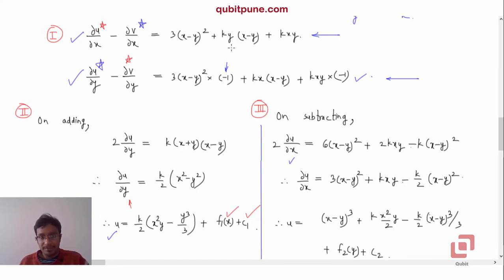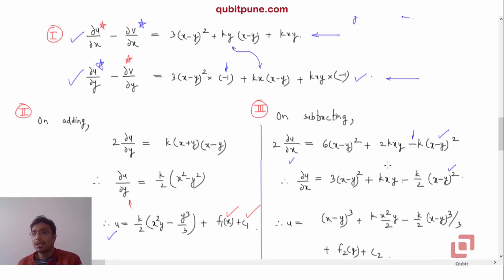Basically it is y minus x, and if I take that negative sign common, then again we'll have x minus y, so it is x minus y bracket squared into minus 1. Now divide both sides by 2, so partial u by partial x is equal to 3 into x minus y squared plus k xy minus k by 2 into x minus y bracket squared.